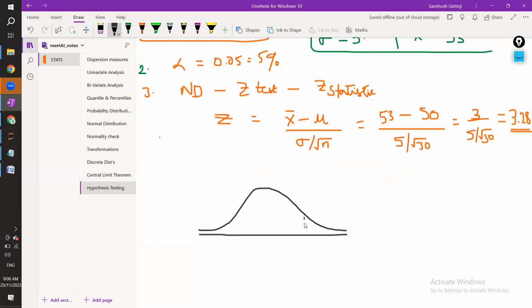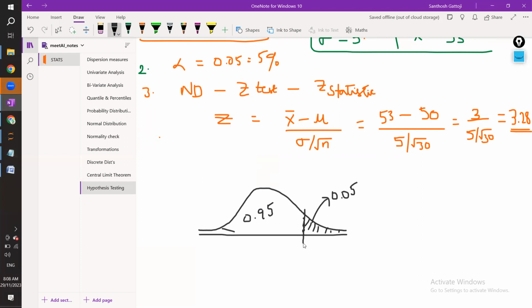So if you consider this area as 0.05, the remaining will be 0.95. Why are we taking this? Because alpha we have taken as 0.05.